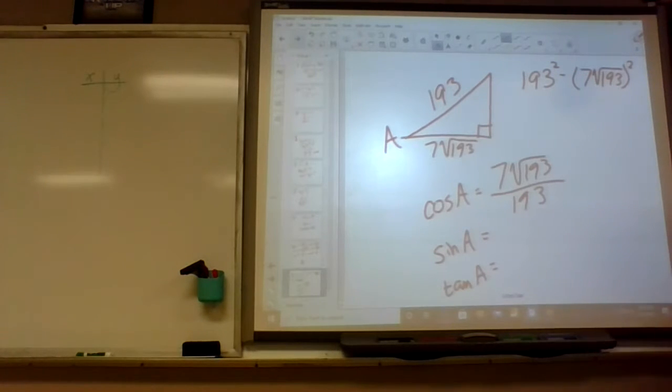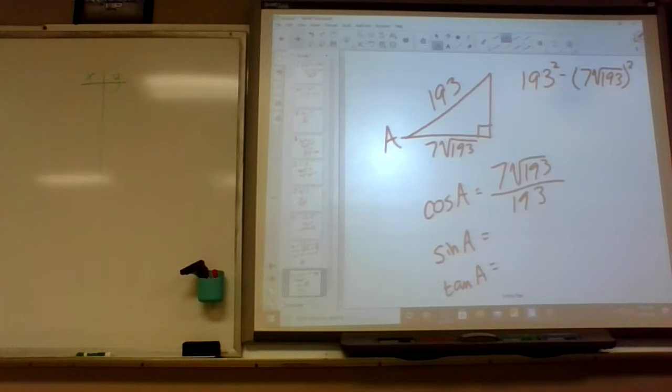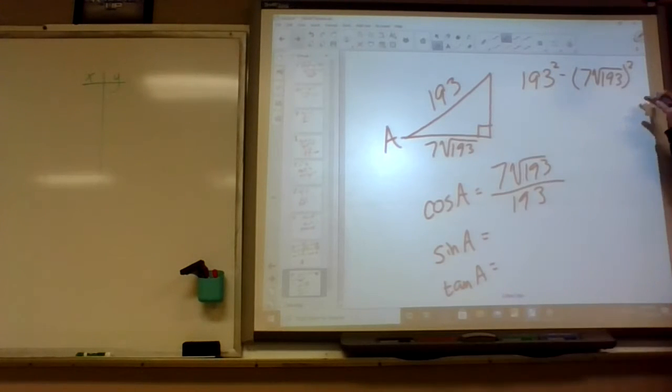A squared plus B squared equals C squared, so C squared minus B squared equals A squared. What we want is A, so you have to take the square root. This would give us the square of the answer, so we have to take the square root. Tell me what you got when you got it. 12 squared 193.